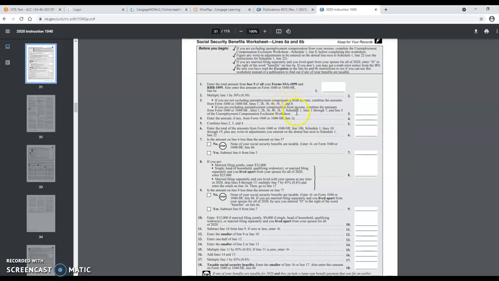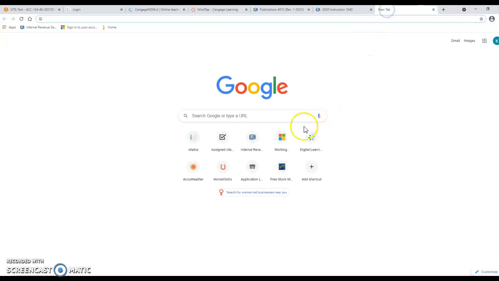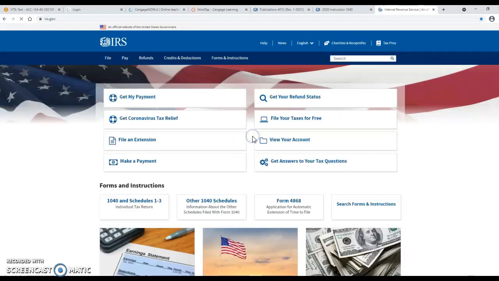Okay? And also, if there was unemployment, they have special rules for that. Also, it says line 4, enter the amount from line 2A of our tax return.